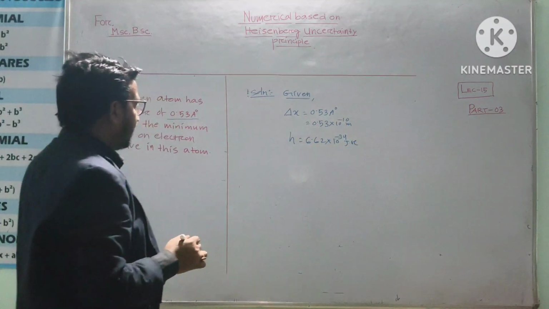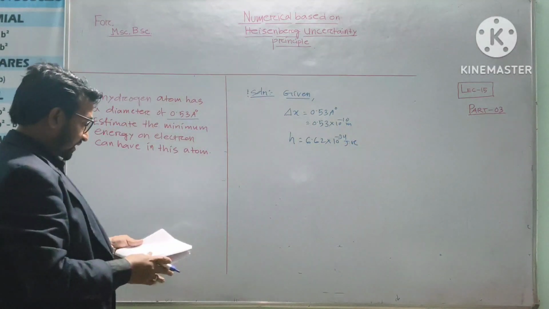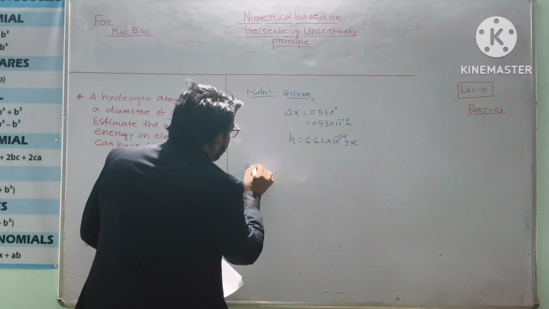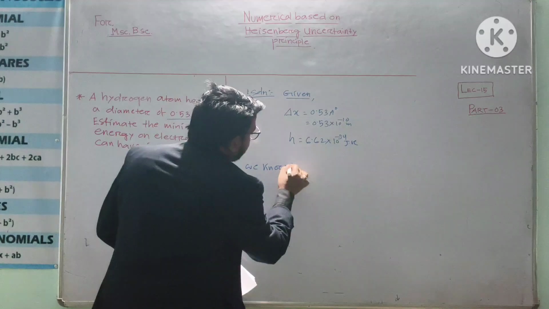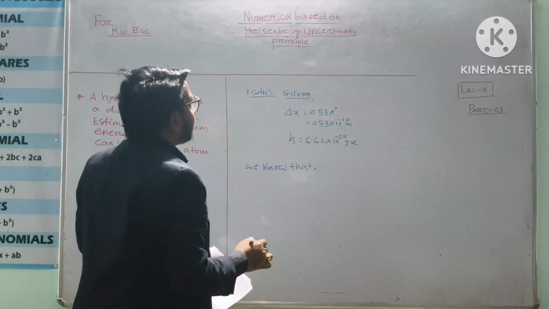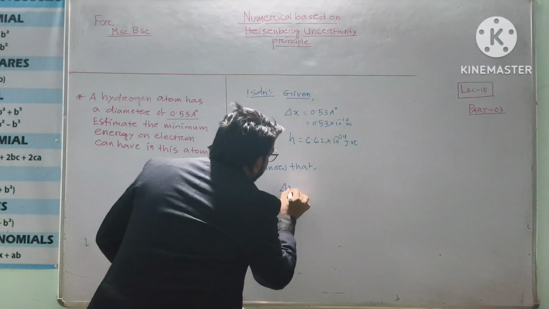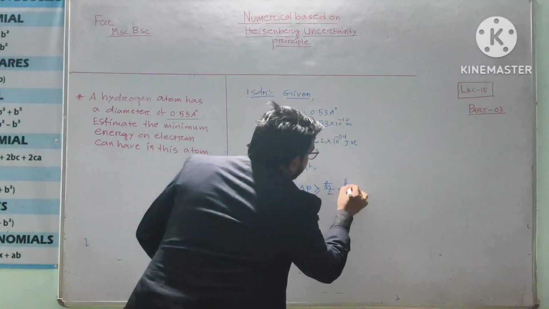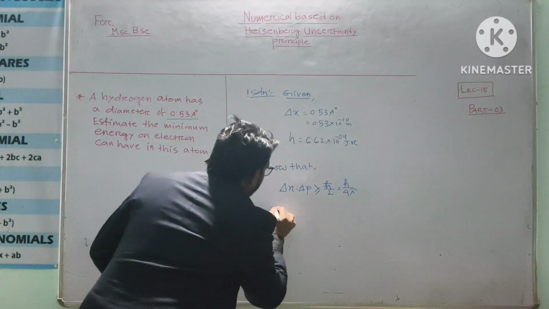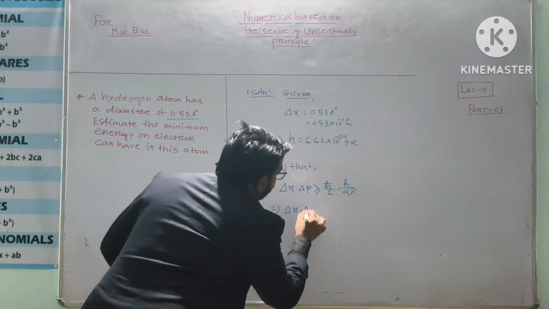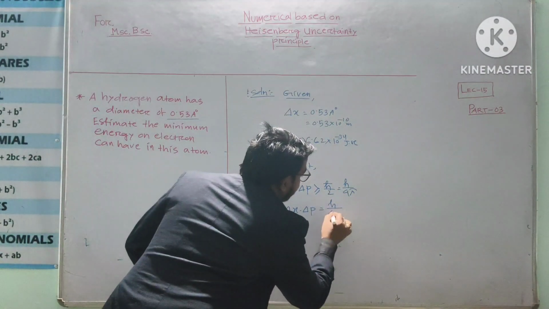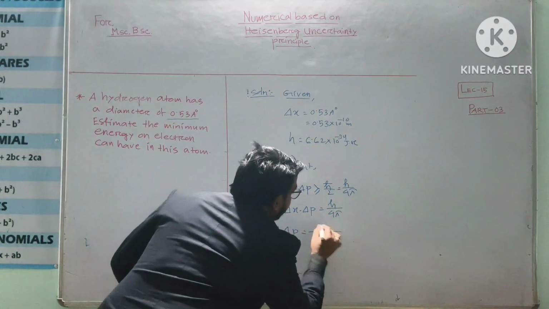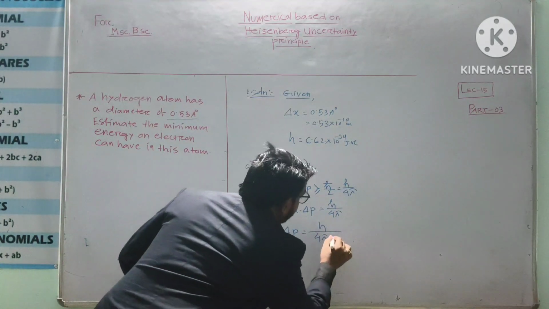First of all we are going to find out delta p. By the Heisenberg uncertainty principle, delta x times delta p is greater than or equal to h bar by 2, which equals h by 4 pi. So delta x times delta p equals h by 4 pi, and delta p equals h by 4 pi times delta x.